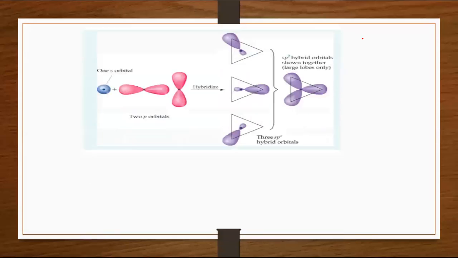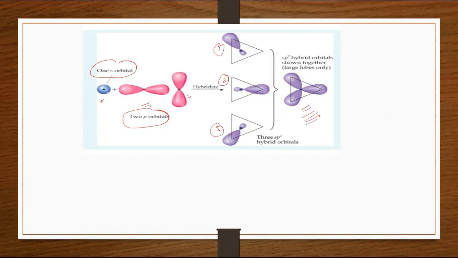Here we can observe there is one s orbital and two p orbitals undergoing hybridization, and they will form three sp2 hybrid orbitals, and these sp2 hybrid orbitals arrange themselves in a trigonal shape. They are present in the same plane and they have an angle of 120 degrees.